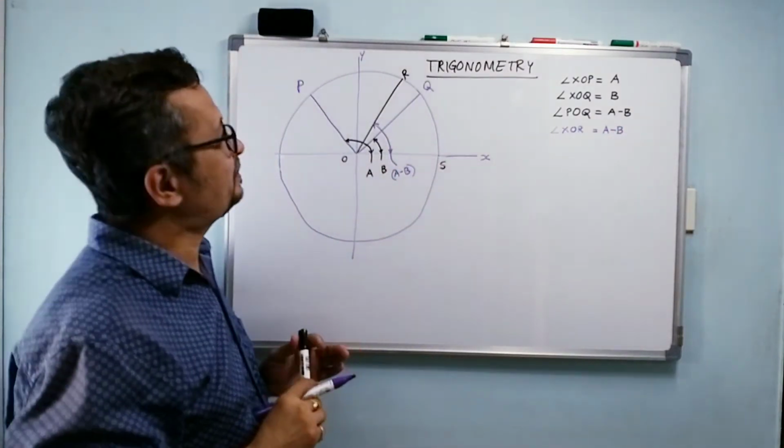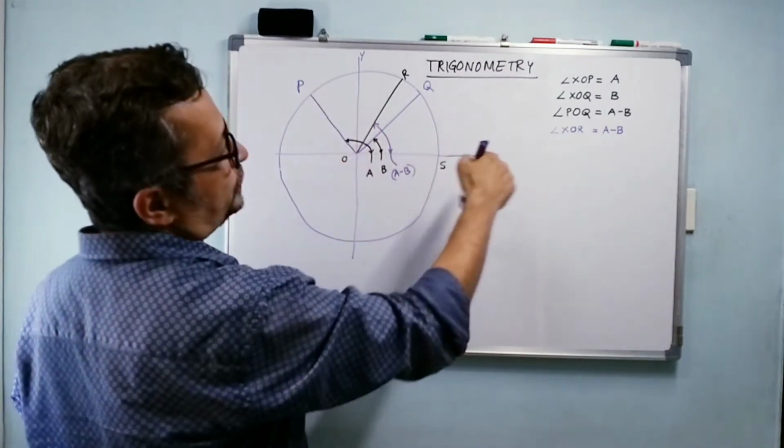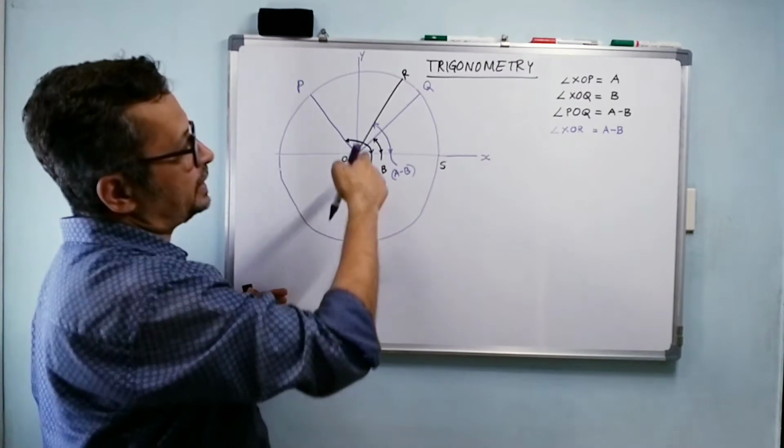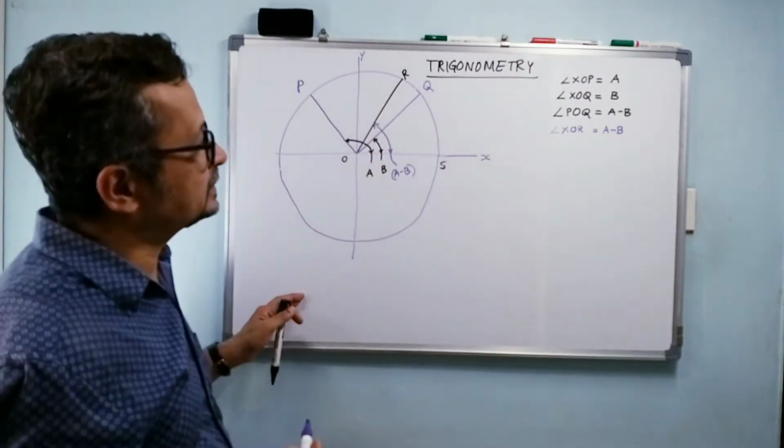Now how does that help me? See, my angle POQ is A minus B and angle XOR is also A minus B.